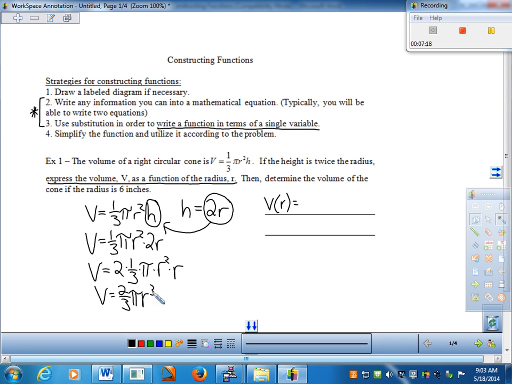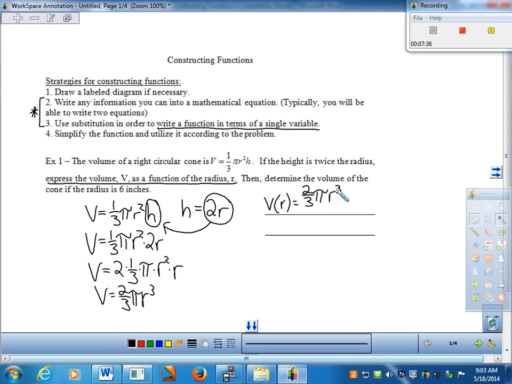So simplify, and that's what number 4 said. Simplify the function if you can, and I'd encourage you to do that as best as you're able. Okay, this looks great. Volume in terms of radius. And so now it's ready to go. It's simplified. Let's just put it in the answer slot. So 2/3 pi r cubed. Now the idea would be I should be able to utilize it in any way that the problem asks.